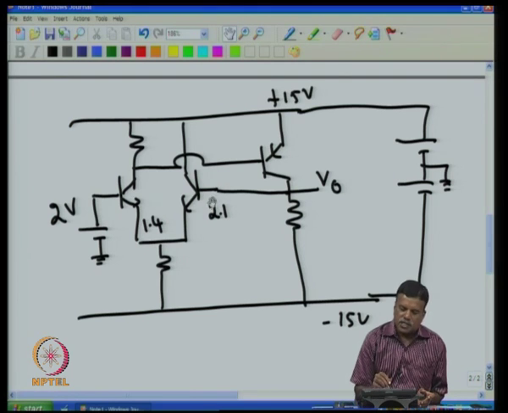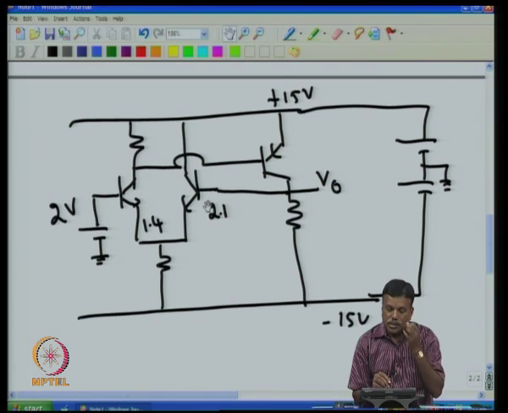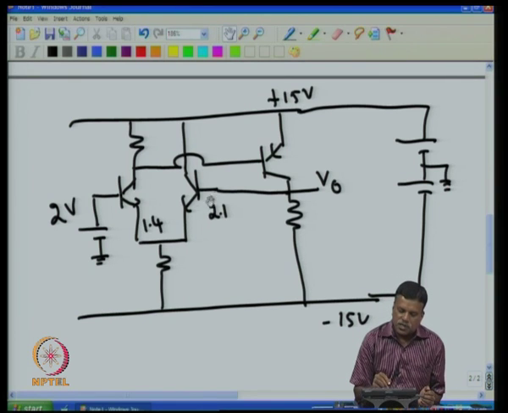That is very large, because above 0.6, enormous current starts flowing through the base emitter of the transistor. Now, if I assume this is at 2.1, automatically a large current flows through this, and that will make this voltage increase. In fact, what happens if it goes to 2.1, this chap is not going to be 1.4, this chap will go to 0.6 less, that is, this fellow will go to 1.5.